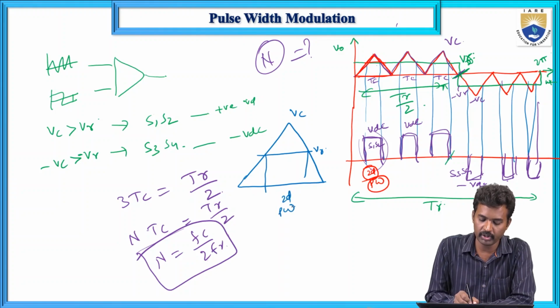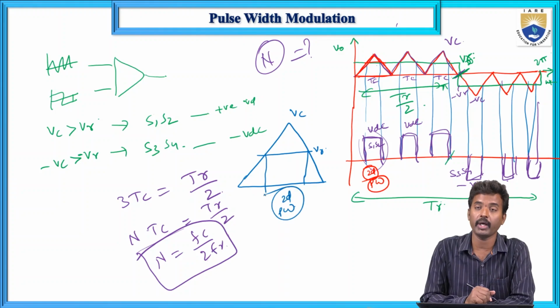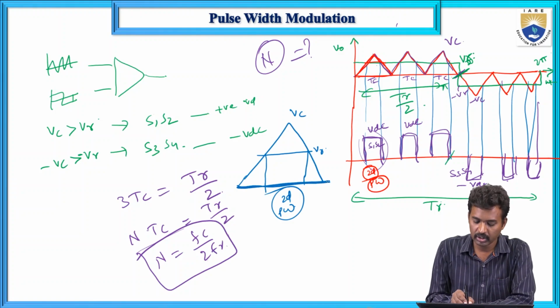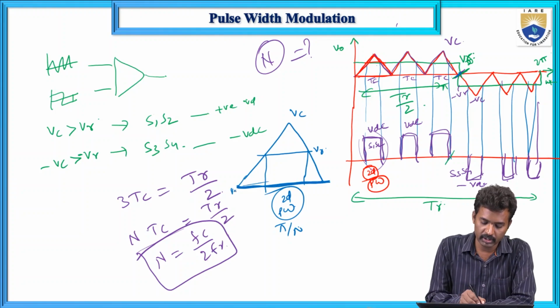This you need to determine. What about this one? This is pi, so pi by 3. So this is pi by n. So the total pulse width is pi by n. Now this is A, B, C, D and E.